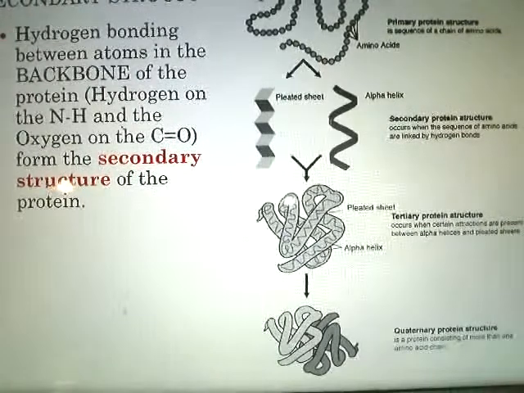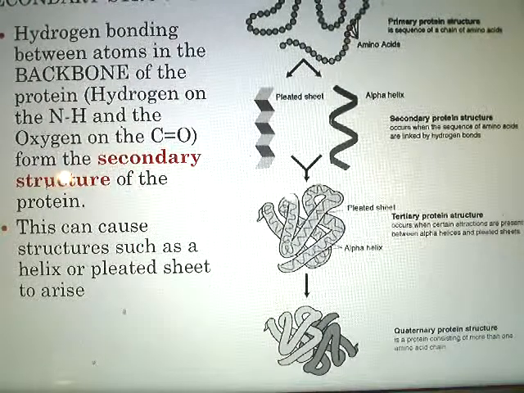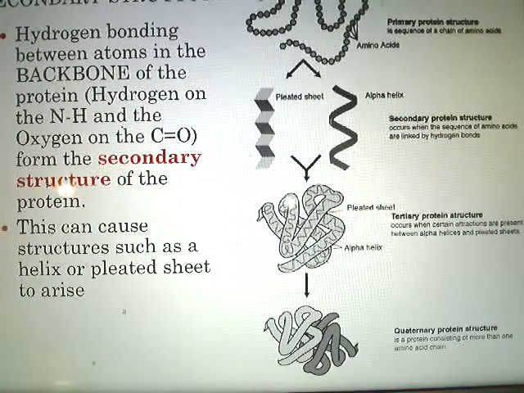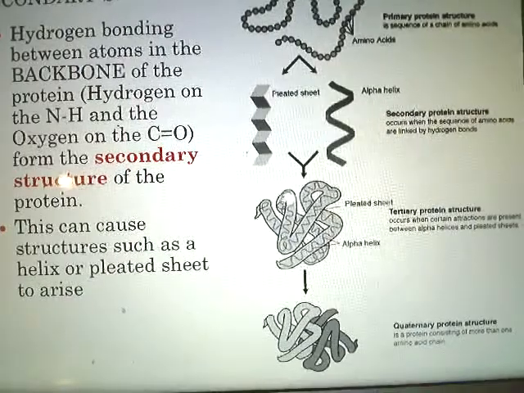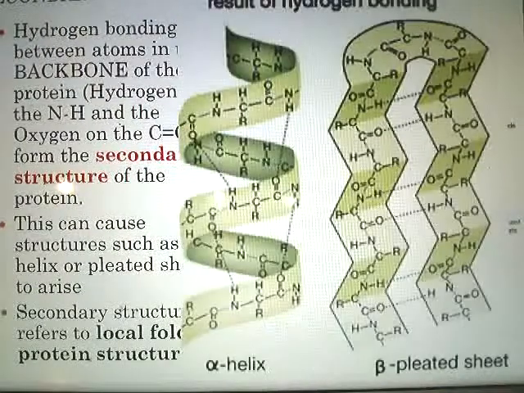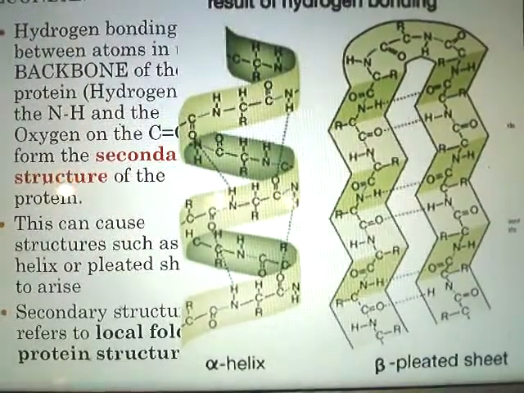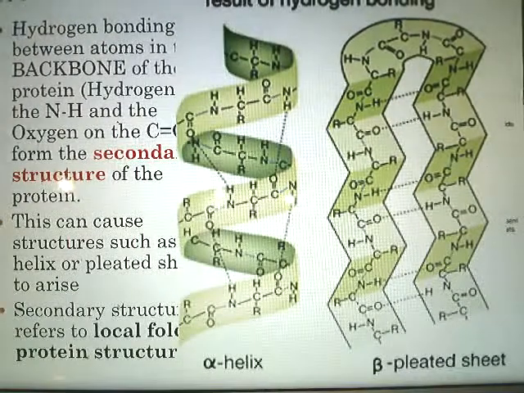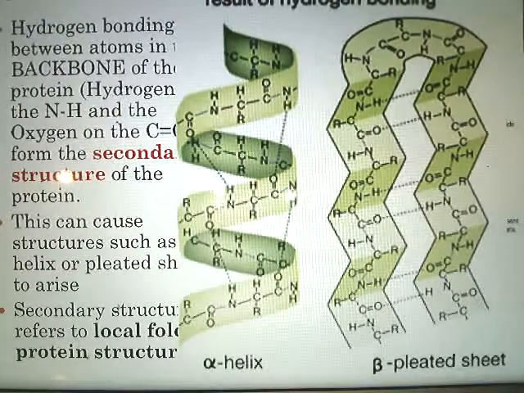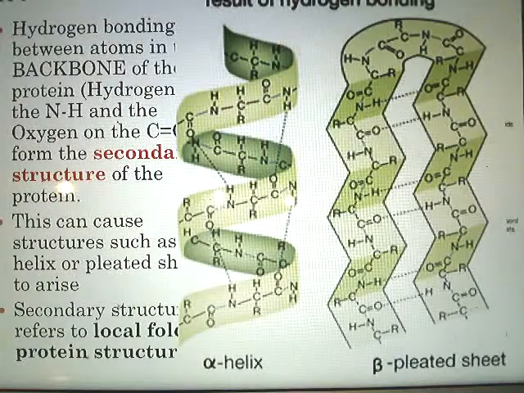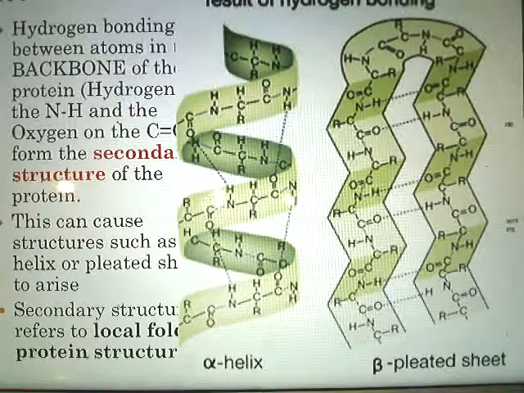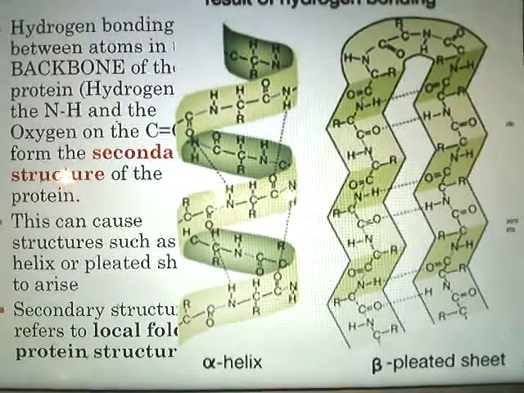So hydrogen bonding between atoms in the backbone of the protein, hydrogen on the NH and oxygen on the COO, is the secondary structure. Now because every protein has amide bonds a specific distance away, two different proteins may form a similar secondary structure.